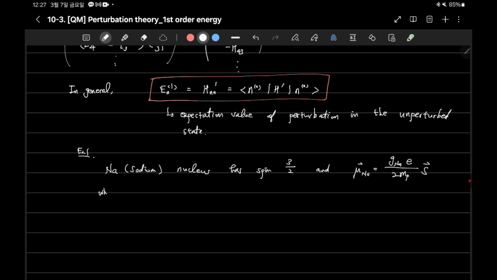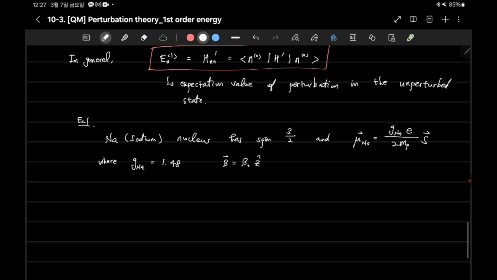Here the gyromagnetic ratio of sodium is 1.48, and the static magnetic field is along the z direction. Here consider further a perturbative magnetic field.